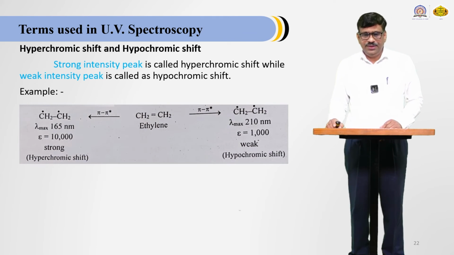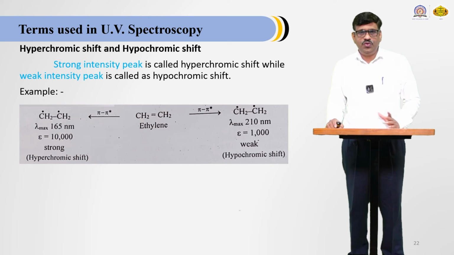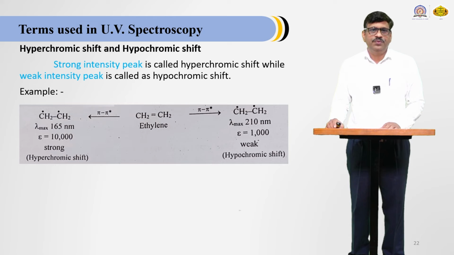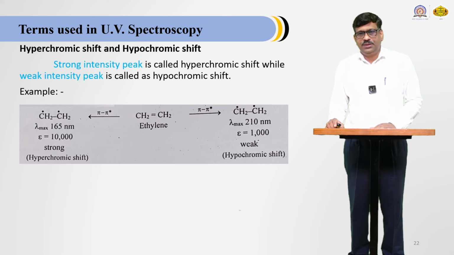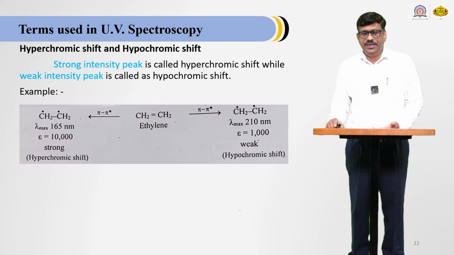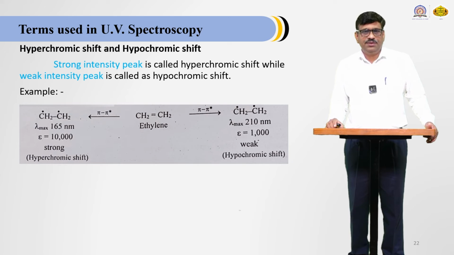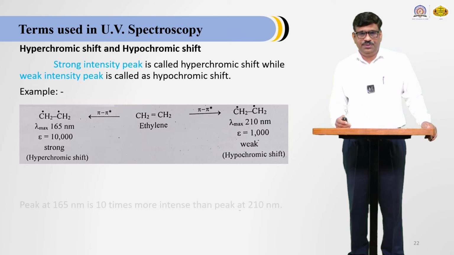For example, ethylene shows two peaks, one at lambda max value 165 nanometer with intensity 10,000, and another at lambda max 210 nanometer with intensity 1000. Hence, the peak at 165 nanometer is a strong intensity peak, called hyperchromic shift, while the other is called hypochromic shift.